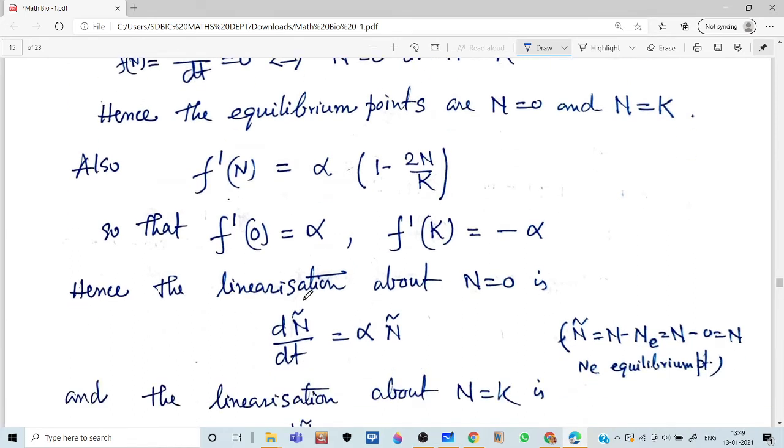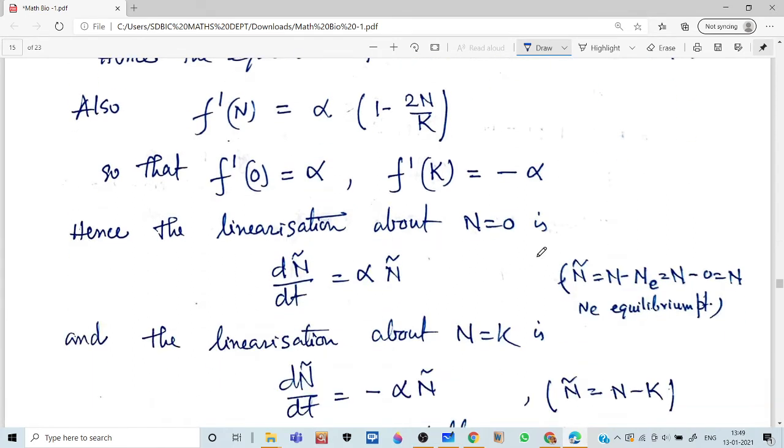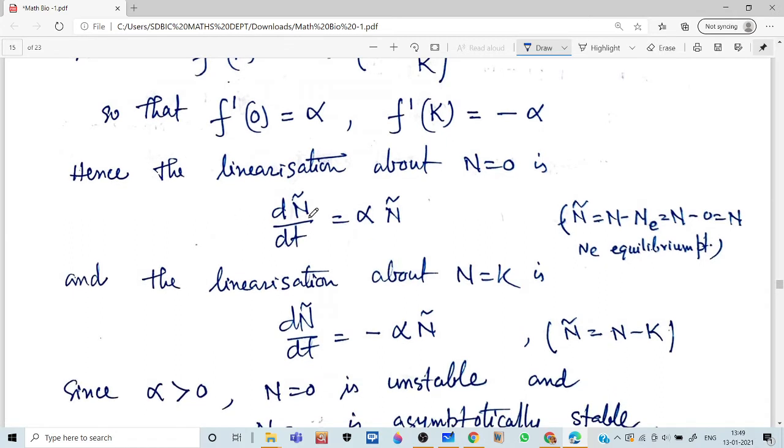So the linearization about n equal to 0 is dn tilde/dt equal to alpha n tilde. Here n tilde is n minus ne, where ne is the value of n at the equilibrium point. For n equal to 0, n tilde equals n, so the linearization model is this.